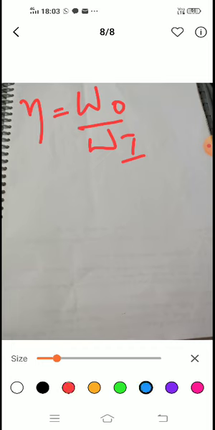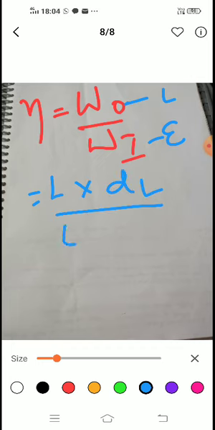Efficiency, I'll use the symbol eta, is work output divided by work input. Work output is the load, input is the effort. Now the work done formula is force into displacement. The force applied here is load and the displacement is dL, divided by work input, which is effort into dE. Now looking at this, can you identify what L by E is?